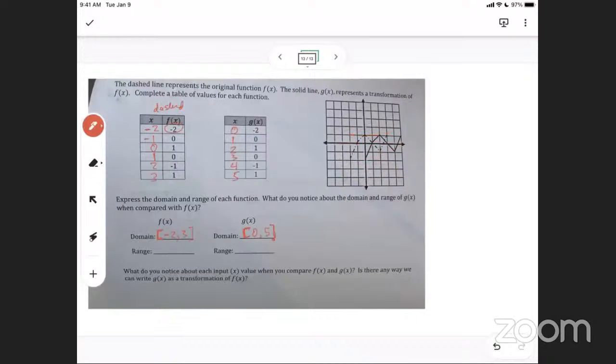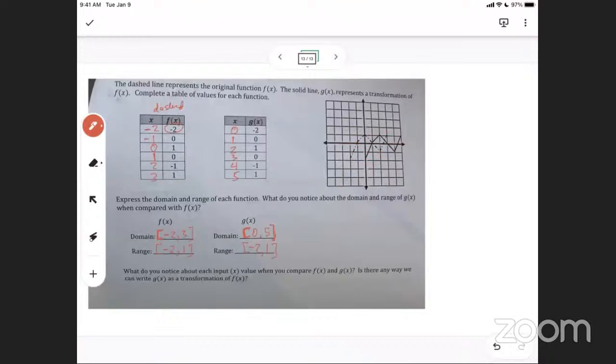So the range is from -2 to +1 for both functions. And what do you notice about them? You can say the domain of g of x is shifted 2 to the right of f of x, and the range of them is the same.